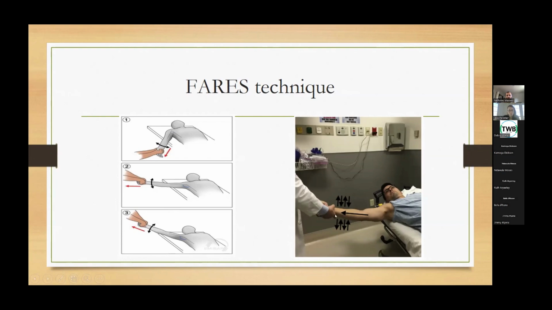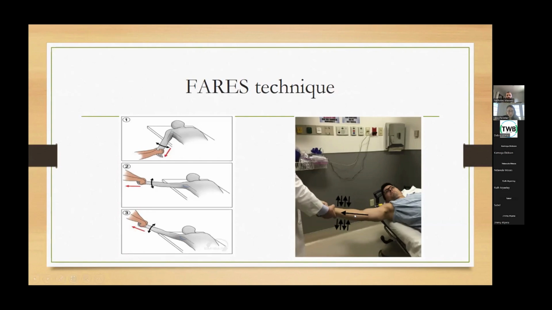So this image on the right just basically tells us the same thing. Like I said, the mnemonic is T-O-A-E. So first maneuver is traction, where you're just pulling the hand away from the body. Then the next one is O, which is oscillatory movements, where you're just basically moving the hand up and down in the anterior and posterior directions.